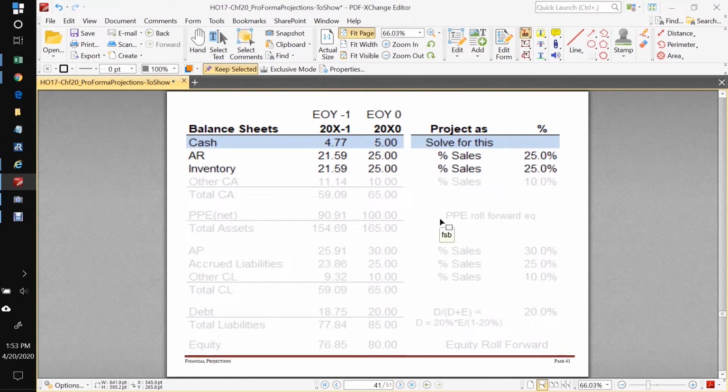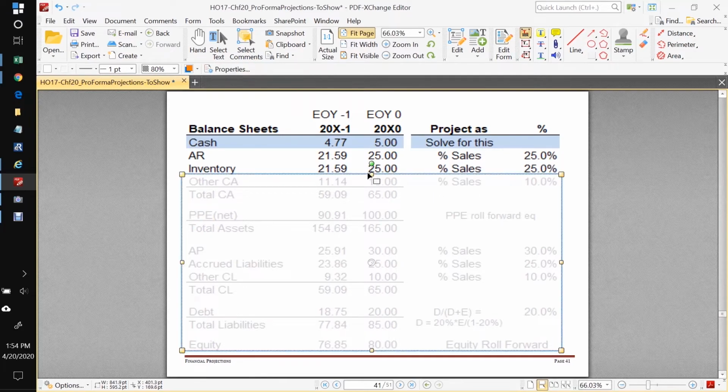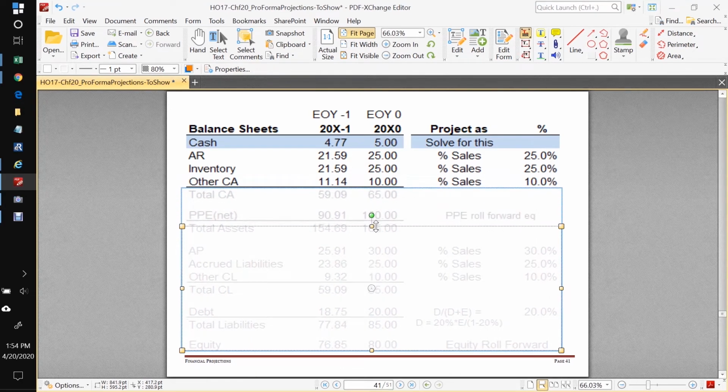And then finally, the last thing we're going to project is the balance sheet, and we're going to want to solve for cash. So we're going to put everything on the balance sheet except for cash, and then we'll solve for cash by saying assets has to equal liabilities plus equity. And I'll show you how that works as we go along. So accounts receivable is going to go as 25% of sales, inventory 25% of sales, and other current assets, 10% of sales.